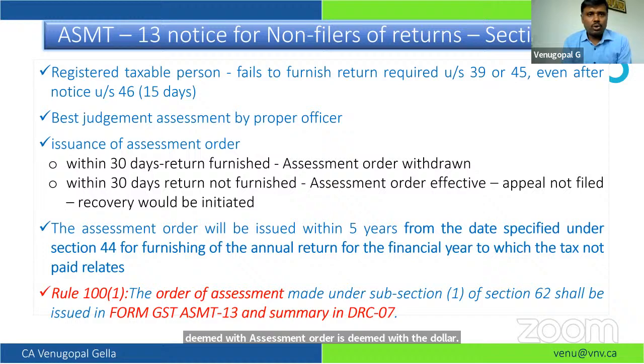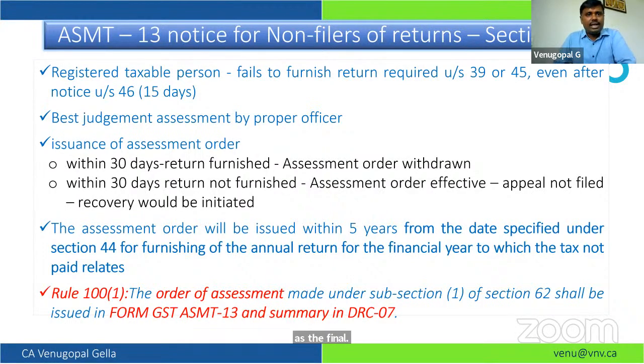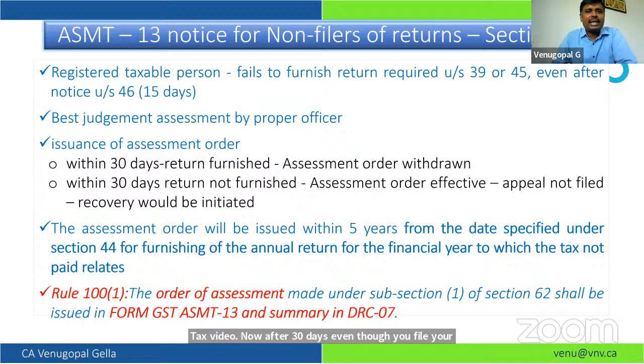And if you don't file any reply within 30 days, or if you don't file your returns within 30 days, whatever is the assessment order originally issued will be deemed as the final demand for that tax period. Now, after 30 days, even though you file your return, this demand doesn't get vacated. You only have to go and appeal under section 107. That is the only alternative for you to move forward.